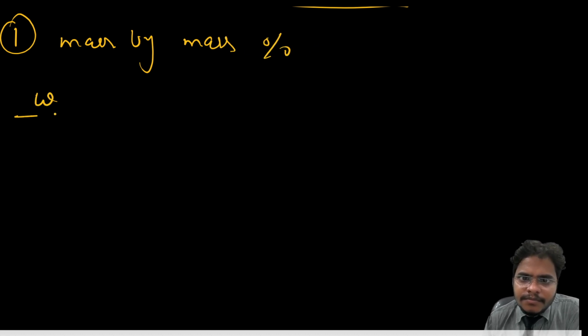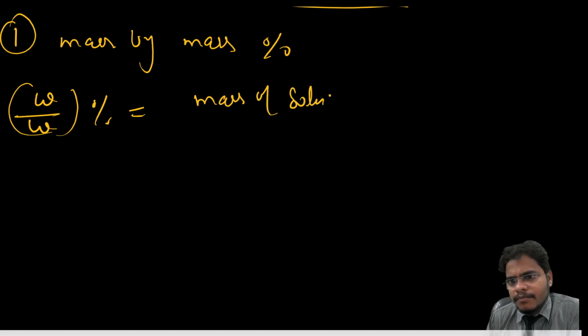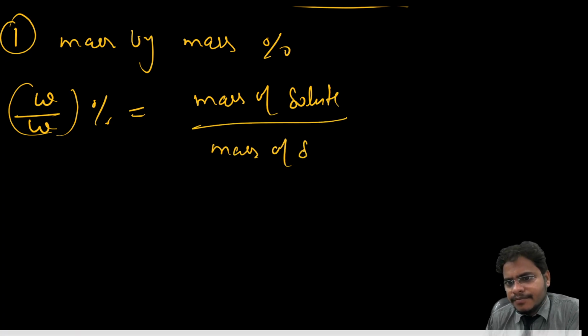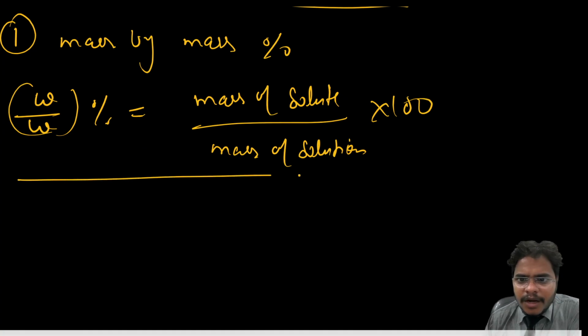It means W by W percent means mass of solute divided by mass of solution multiplied by 100. It is a formula.